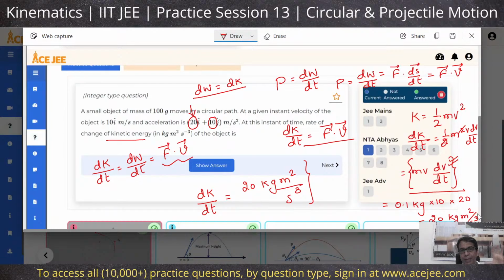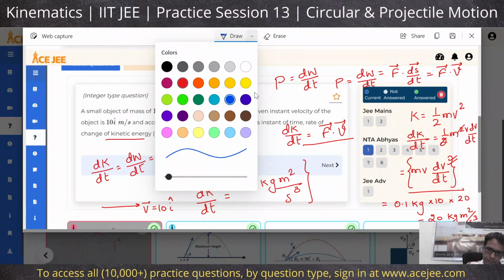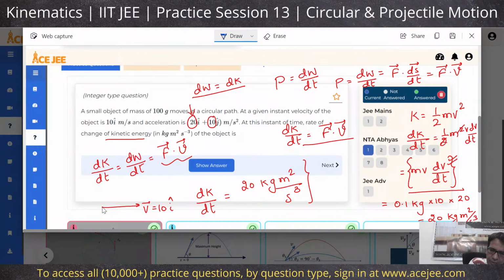Now, if you have 10i and 20i plus 10j cap, let's say this is 10i, your velocity vector, pointed towards the x direction. If you assume the x direction is towards the right, then your acceleration vector, if I were to draw it in a slightly different color, in this direction it is 20i, and in this direction it is 10j.